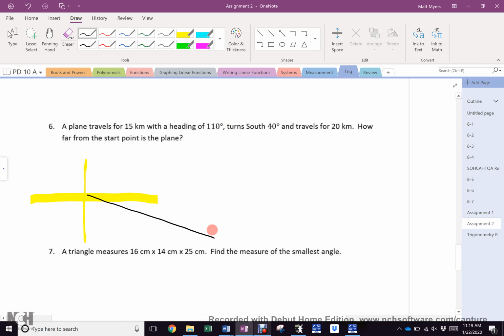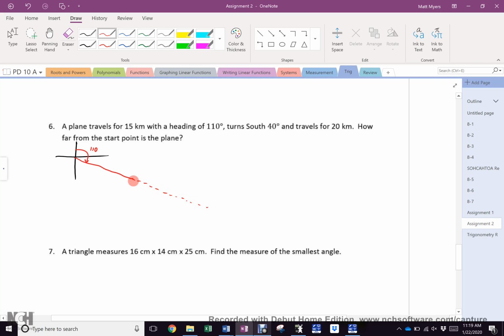Then turns south 40 degrees. Oh, I drew this badly. All right. We'll start up here. Highlighter lines are no good. So this is 110. Turns south 40 degrees, so the plane should keep going this way.